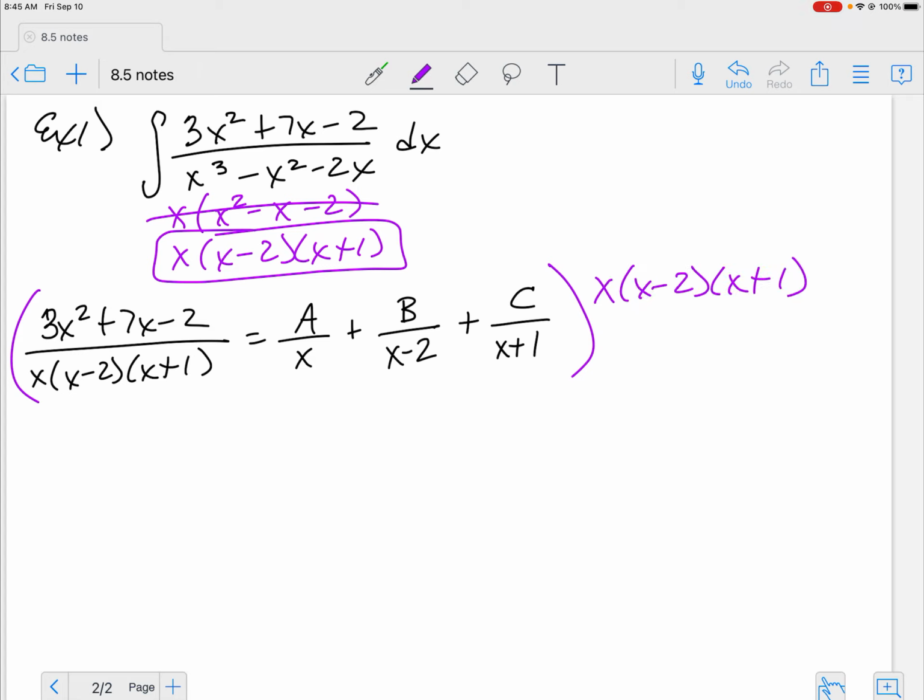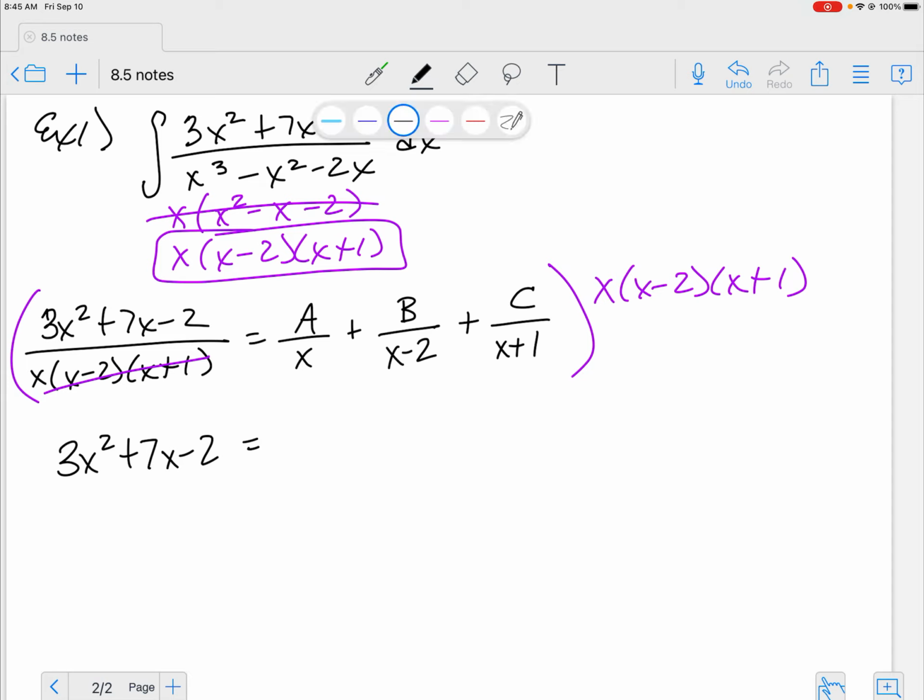And remember, when you have a common denominator, you just have to represent. So I'm multiplying this by everything. My first term here to each partial fraction decomposition. So this whole thing cancels out. And then on the left, I have 3x squared plus 7x minus 2.